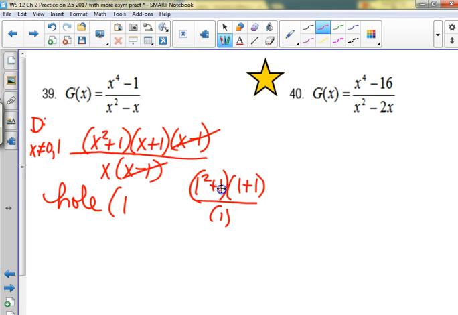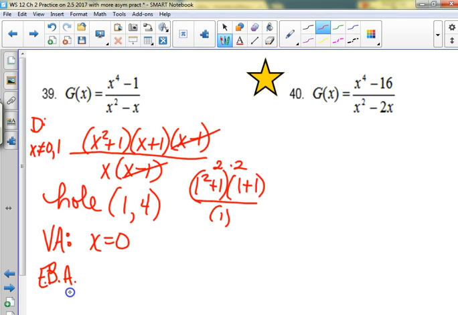That's 2. That's 2. So we get 4 over 1. Okay. Is there a vertical asymptote? Yes, at x equals 0.